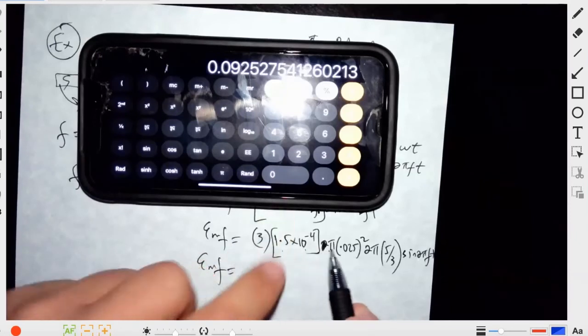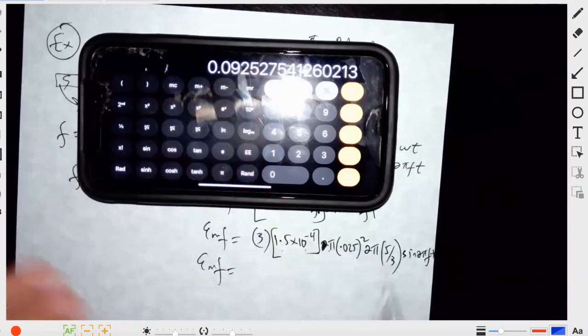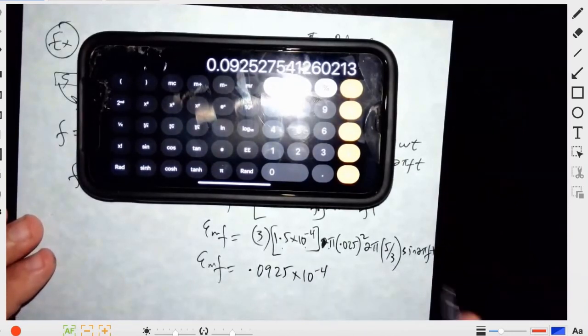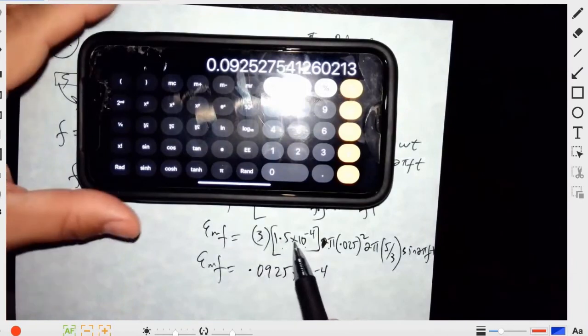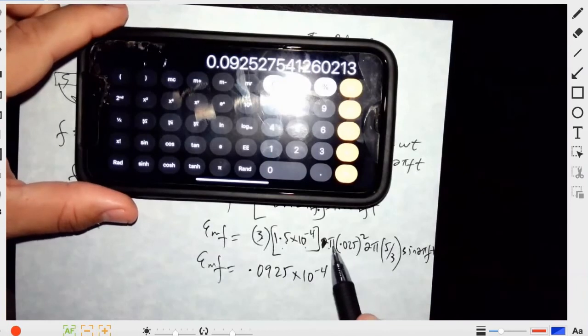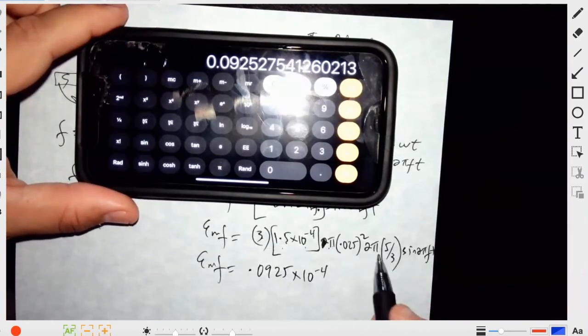But then this has a 10 to the minus 4, right? So 0.0925 times 10 to the minus 4, sine of 2 pi ft.